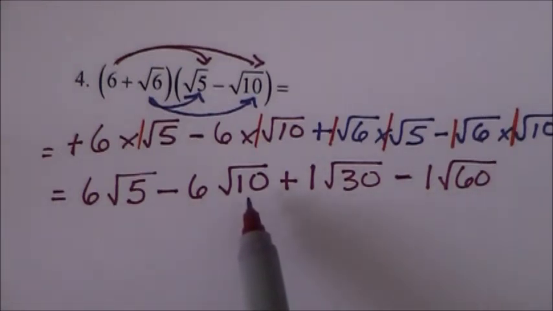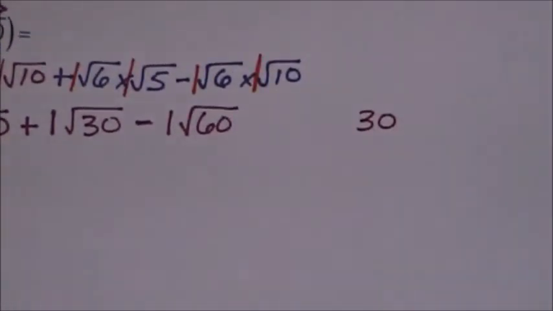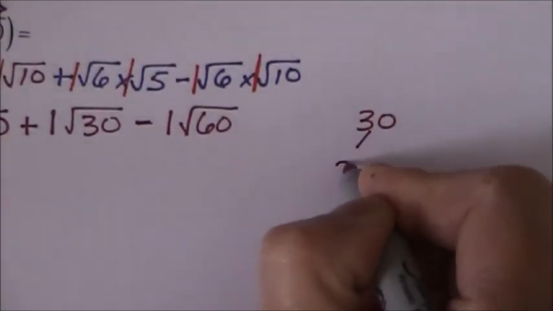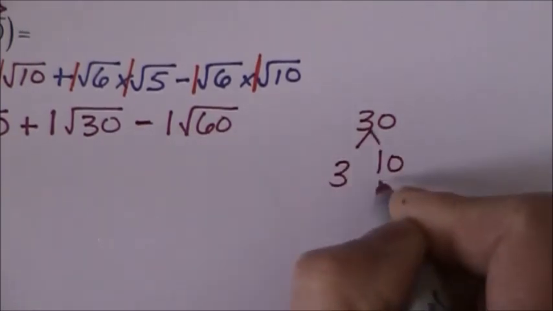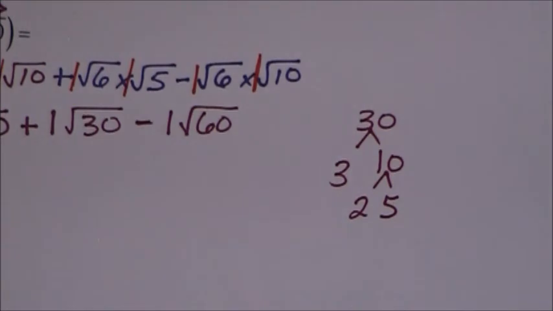Factors of 10 are 2 and 5. Nothing repeats, so it's not going to get any smaller. 30. Let's take a look at 30. So we move off to the side and look at 30. 30 is 3 times 10. 10 is 2 times 5. All the factors are different, so it's not going to simplify.